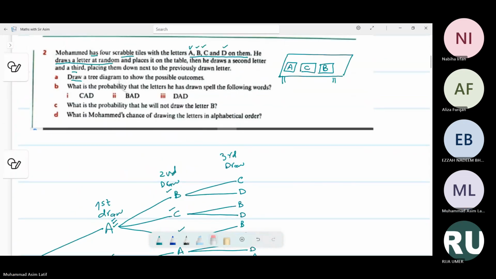Now, after this was part A. Now, part B. What is the probability that the letters he has drawn spell the following words: CAD, then BAD, and then DAD?